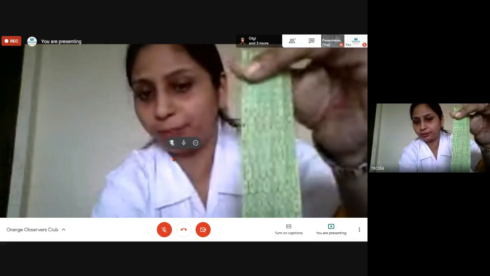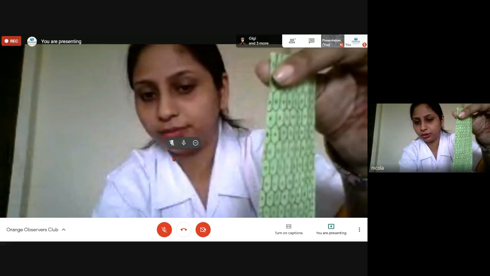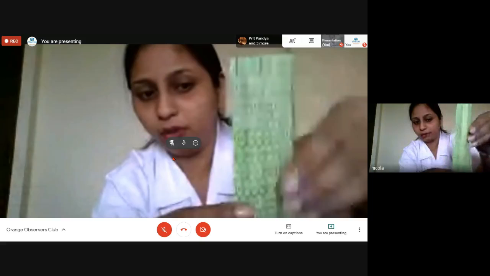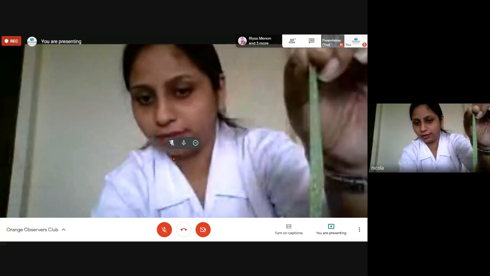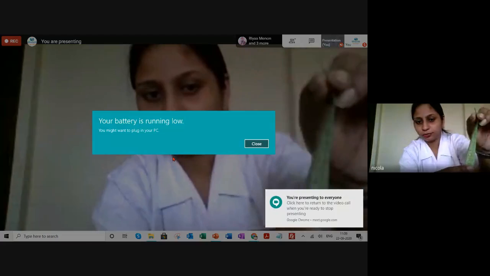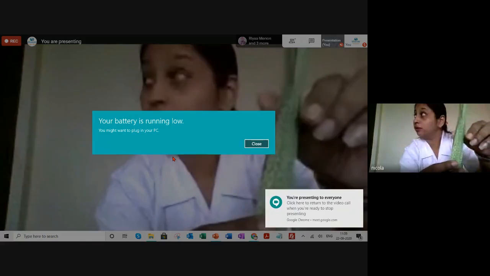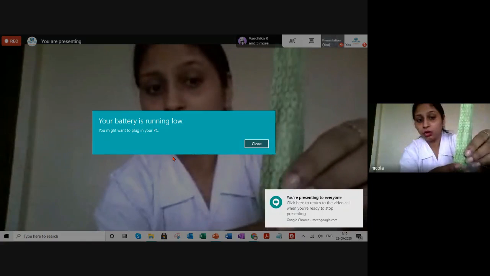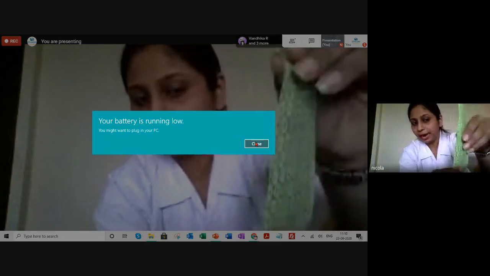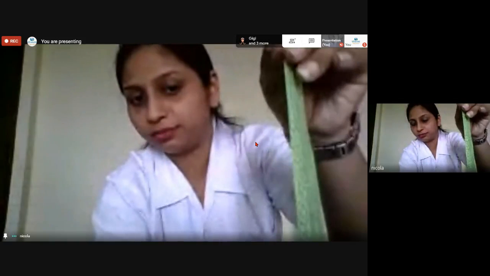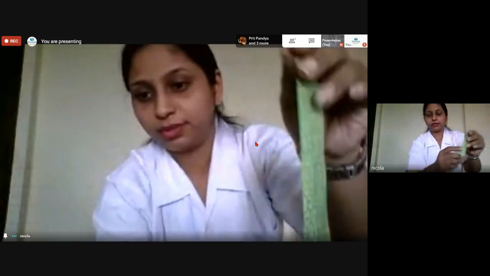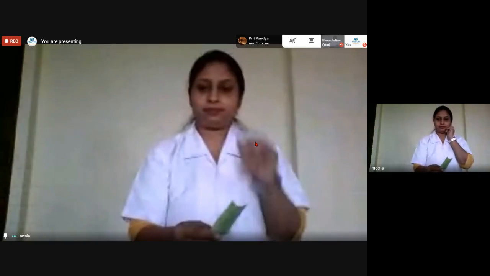This is a paper. Fold it into half first. Open it up again. And that half again fold it into half. Understood? Yes.